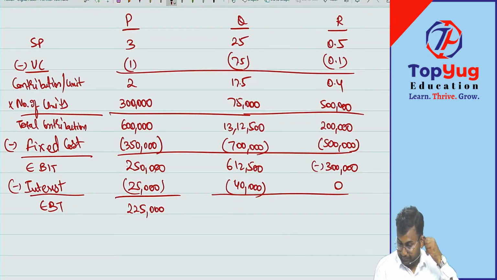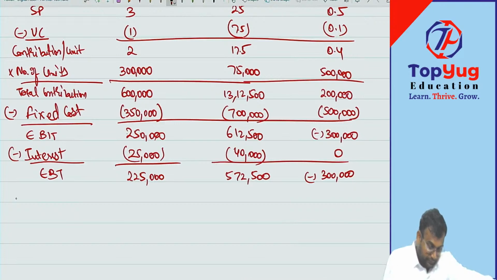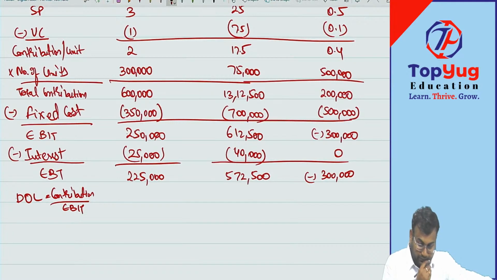How much dear this would be? DOL, contribution by EBIT, contribution by EBIT, sorry, that was 6 lakhs, divided by how much? 2 point.